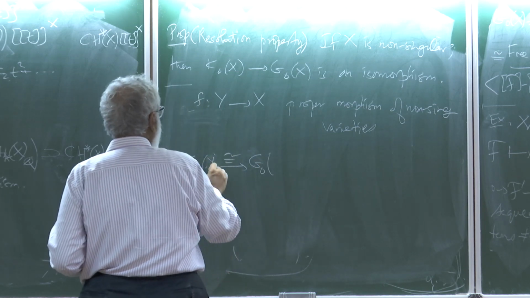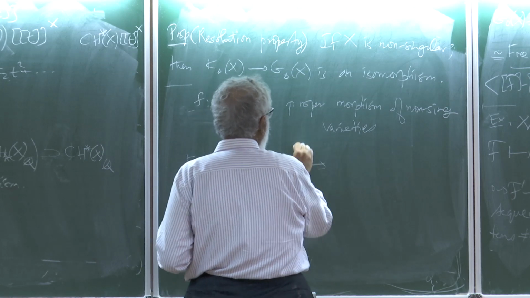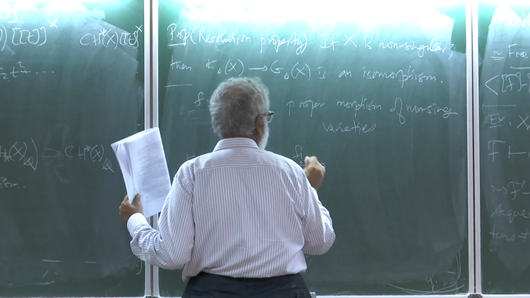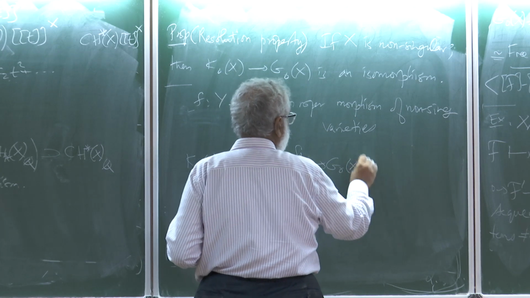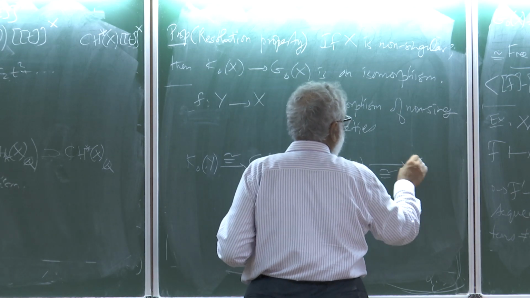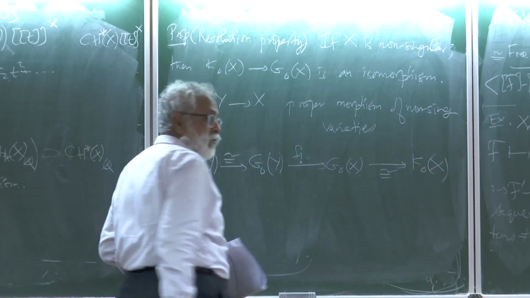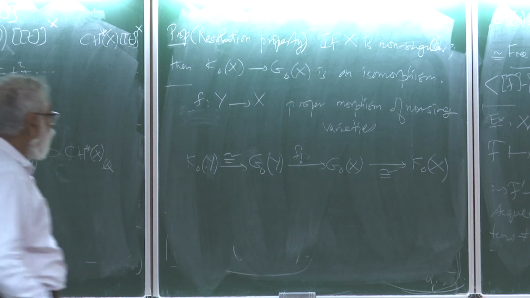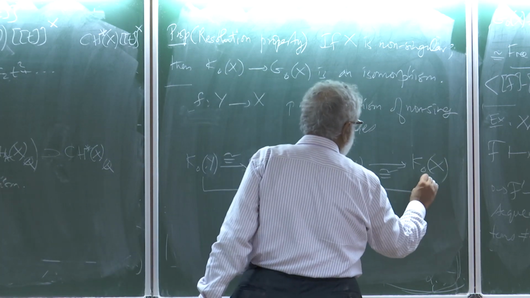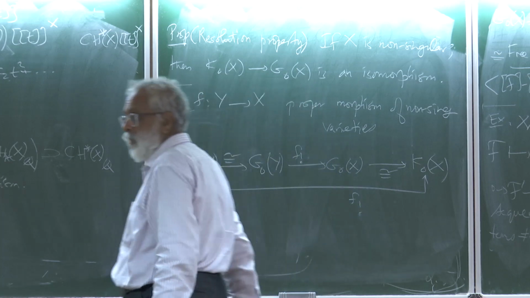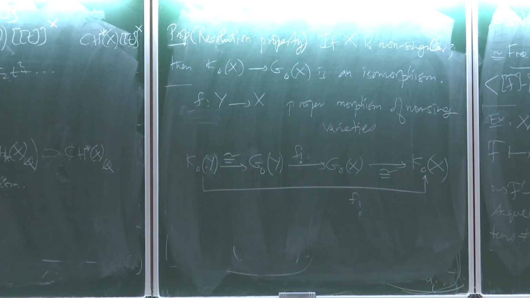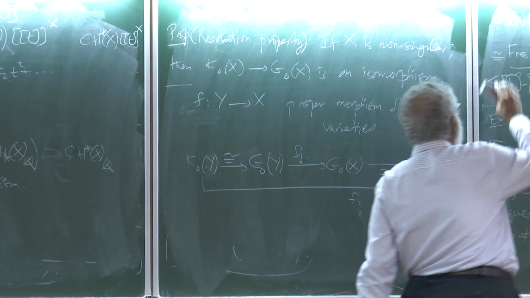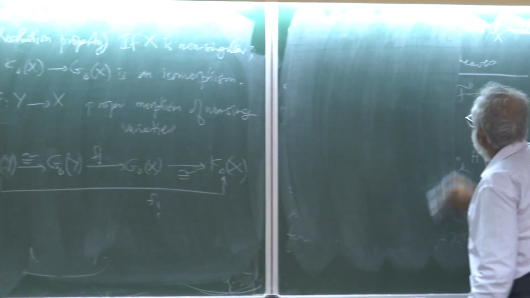K0(Y) goes to G0(Y), goes by that f lower star which I discussed there to G0(X), and then this is isomorphic to K0(X) by the inverse of that isomorphism. I can consider this sequence of steps. And then therefore I can look at this composition and I can call this f lower star. And now it makes sense to ask the question, as Nitin suggested one does, a natural question: what about the commutativity?